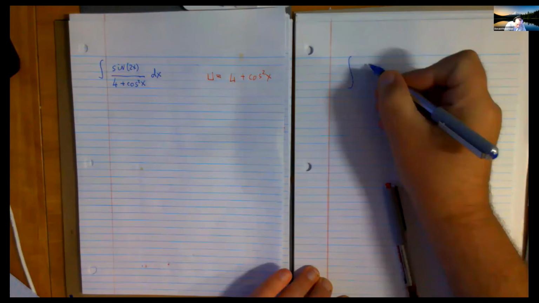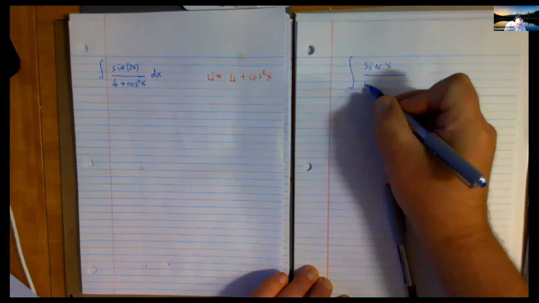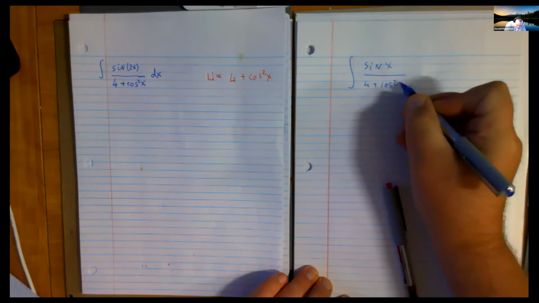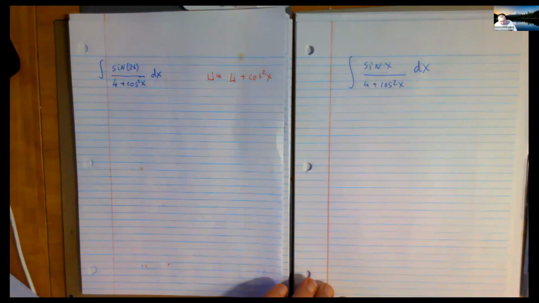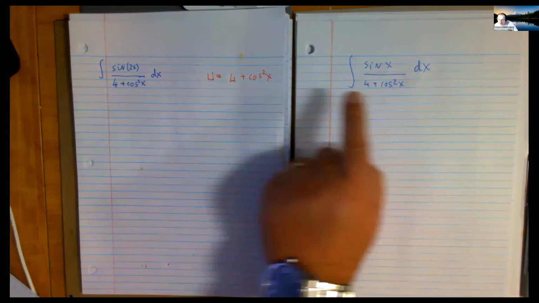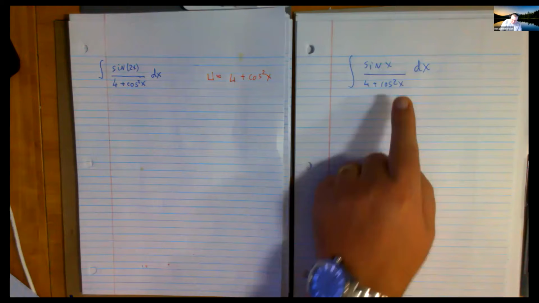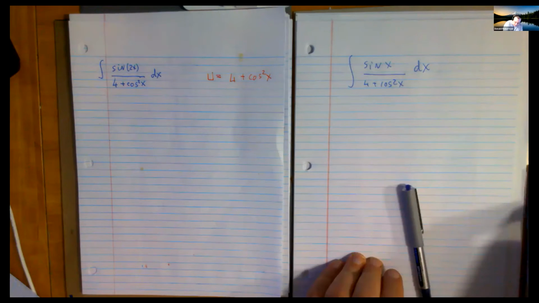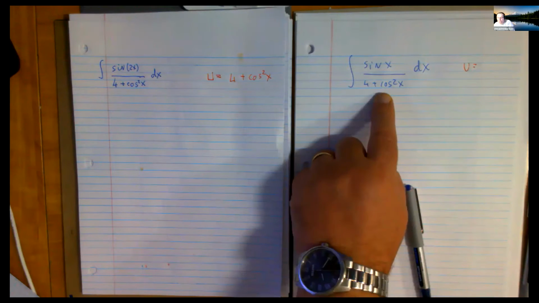Suppose it was this question, which isn't a lot different, right? I just changed one thing. Do you notice in this question I put a sine x in the top, not a sine 2x? If it was this situation, the U sub would be different. What would the U sub be in this story?